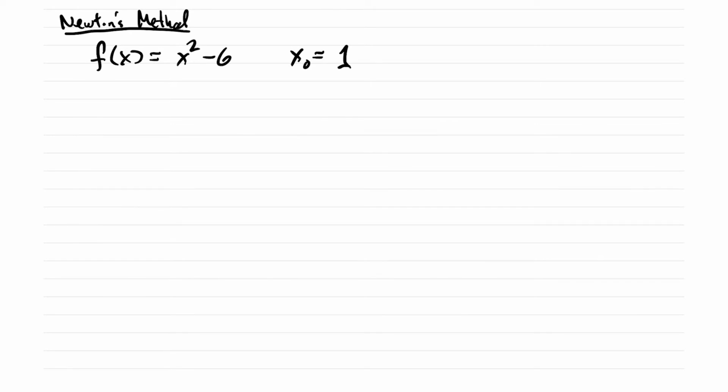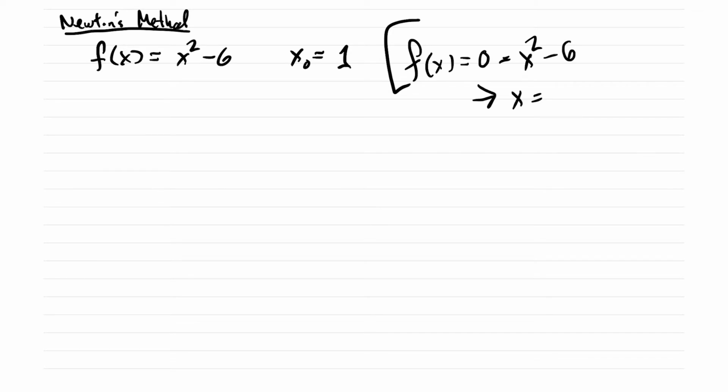Now f of x equals 0 means x squared minus 6 equals 0, so x must be plus or minus square root of 6. If we're starting with x equals 1, we should converge to the positive root.